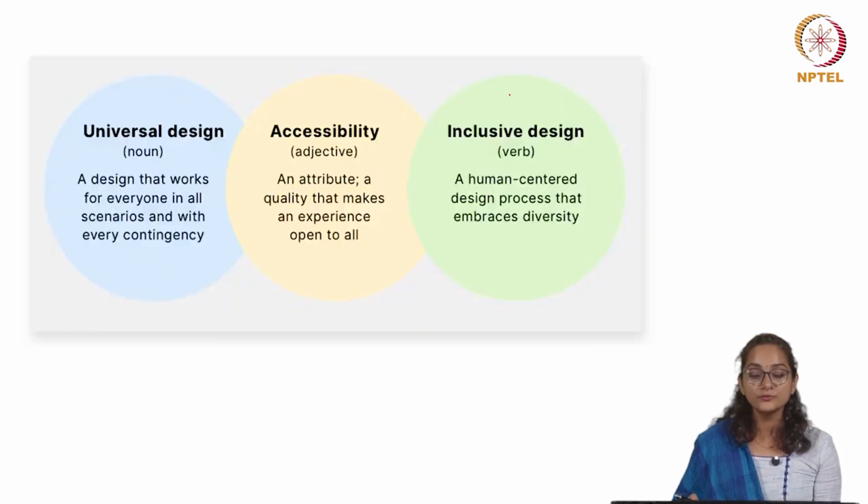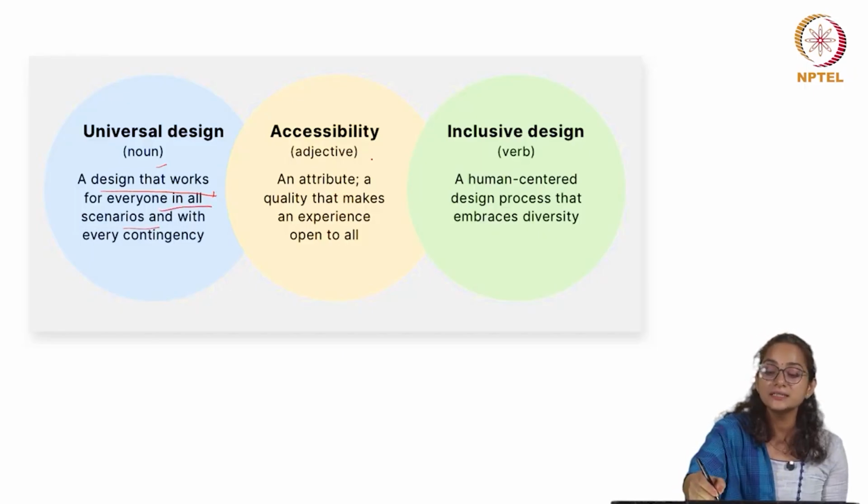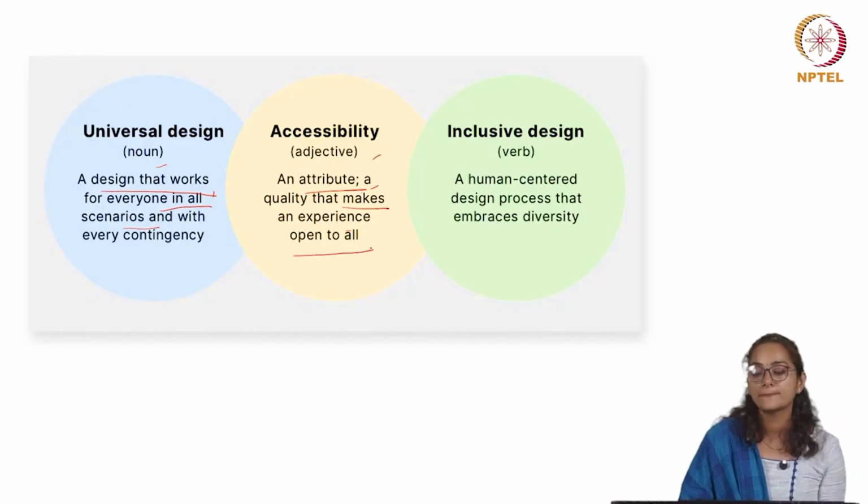So just an overview: universal design is a noun, and it talks about design that works for all, everyone in all scenarios. Accessibility is a design attribute, a design quality which makes an experience open to all.